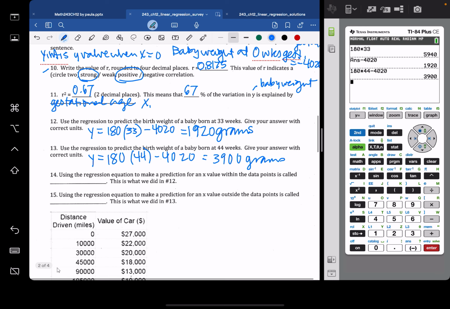Using the regression equation to make a prediction for an x value within the data points is called interpolation. And how did I know that 33 weeks was inside the data and 44 weeks is outside the data?